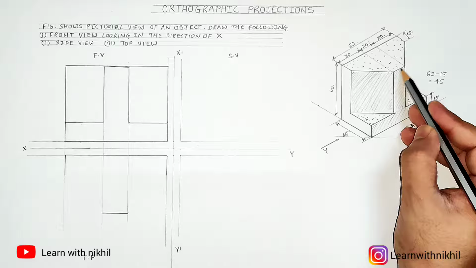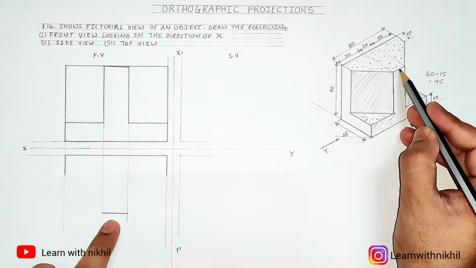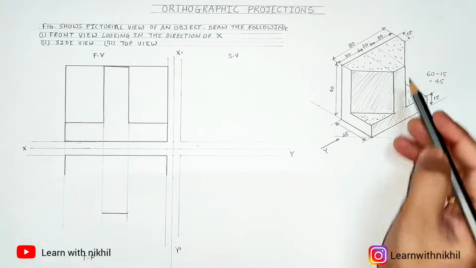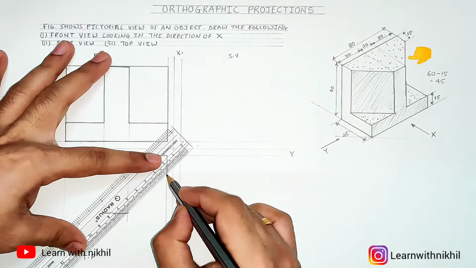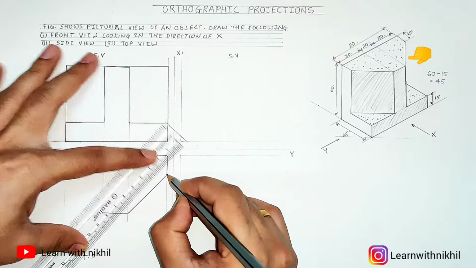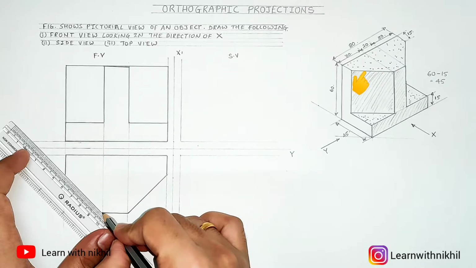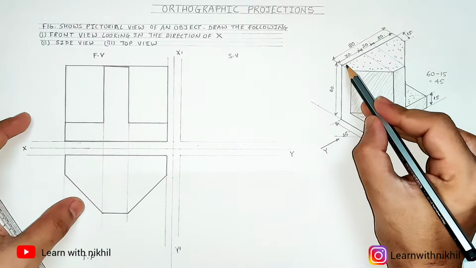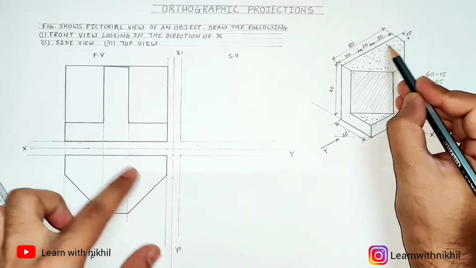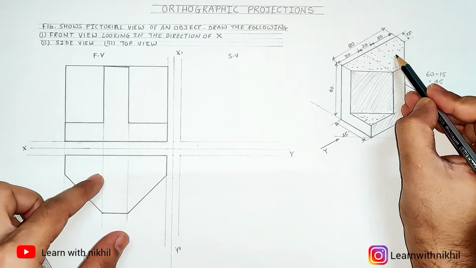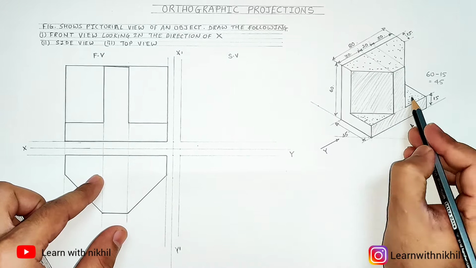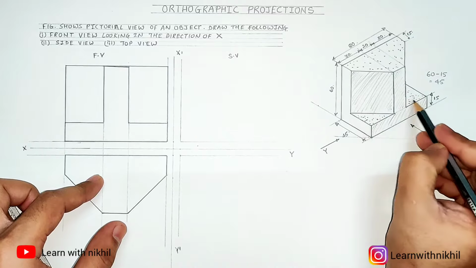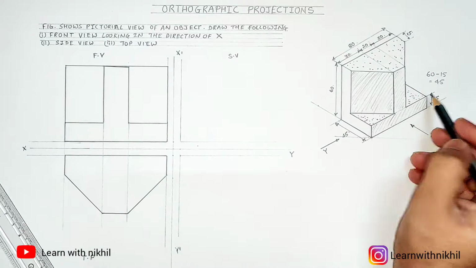And then joining the other points, this will give the slant line. So as you can see, the slant line is visible from the top view. So this part has been done. Now for the next two triangles, we just have to join the lines.